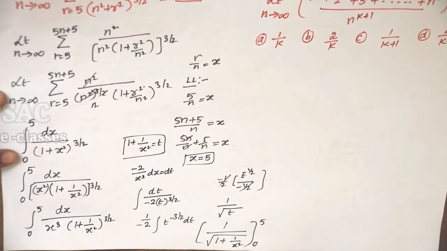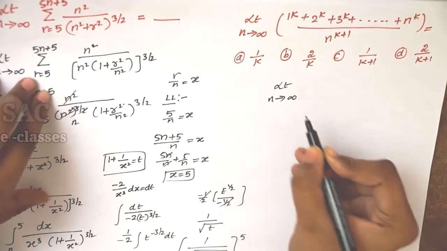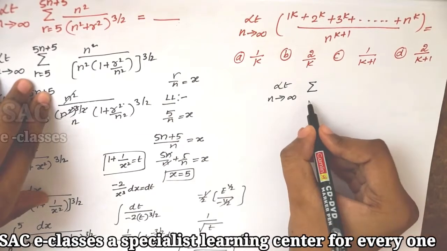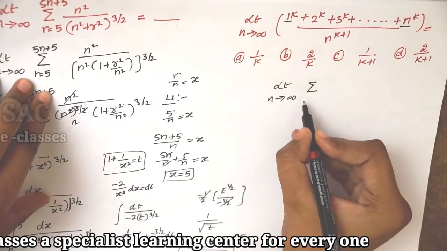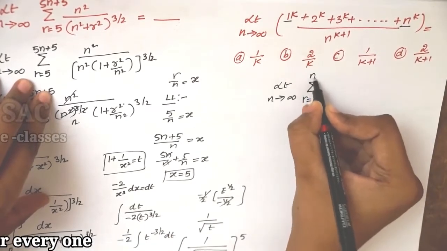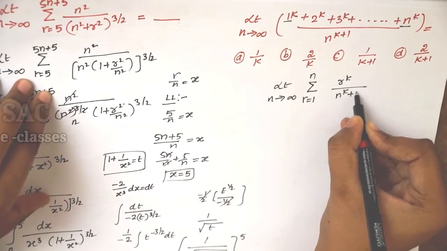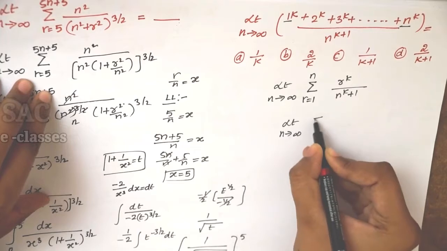Let us move to the next problem. Limit n tends to infinity. Here even the summation is not written as sigma, but you can observe that r varies from 1 to n. So r is equal to 1 to n, r power k by n power k plus 1. Let us change it into the desired form.